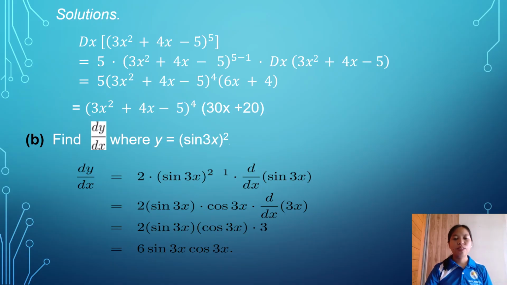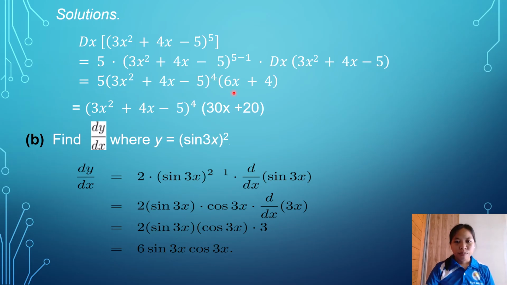So let's have the solution of the given function, the quantity 3x squared plus 4x minus 5 to the power of 5. Using the generalized power rule, we take the derivative with respect to x, which can also be written as d over dx, times the quantity 3x squared plus 4x minus 5 to the power of 5.